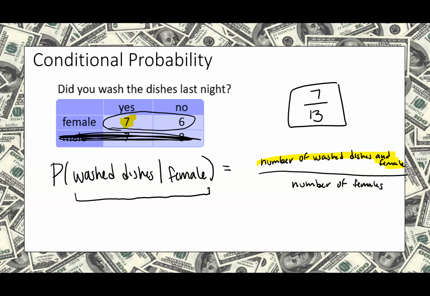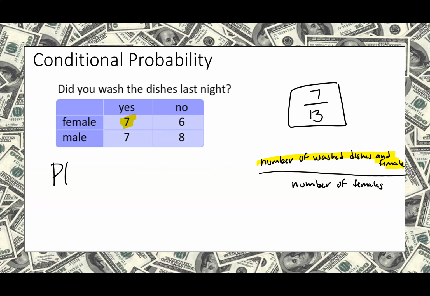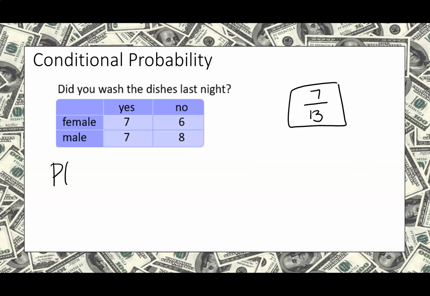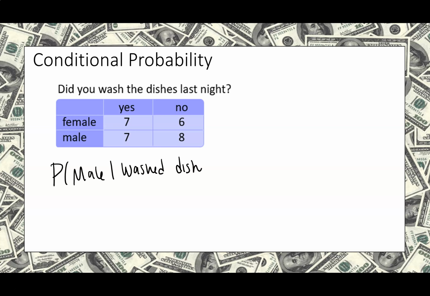All right, let's try a different one. Sometimes we want to limit our sample space down to maybe the people that have done a certain thing. So for example, maybe we want the probability of male given that we know that they washed the dishes.